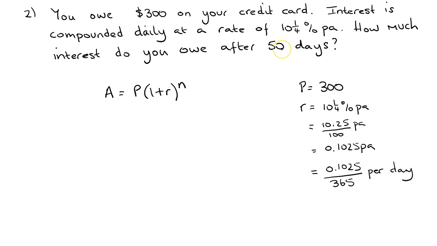And our N is already in days, that's 50 days. So let's put these numbers in. We've got 300, 1 plus our rate, and N, our power, is 50.